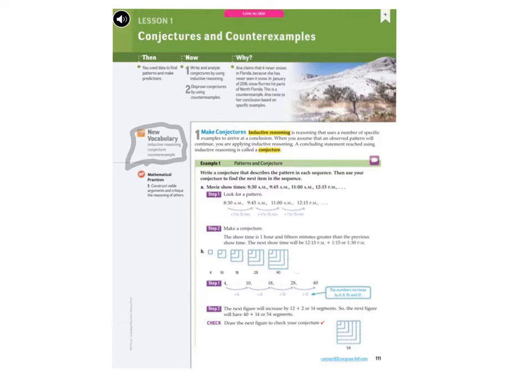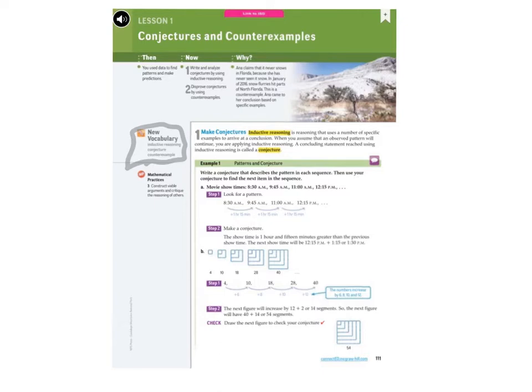Okay. And then from that, for instance, in example 1, you've got times. You go from 8:30 to 9:45, from 9:45 to 11. You need a minimum of 3 to be able to make your conjecture. To go from 8:30 to 9:45, there are several ways of doing it.